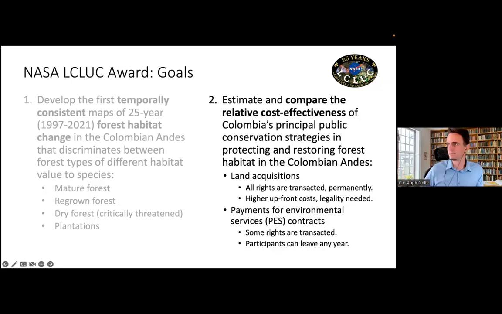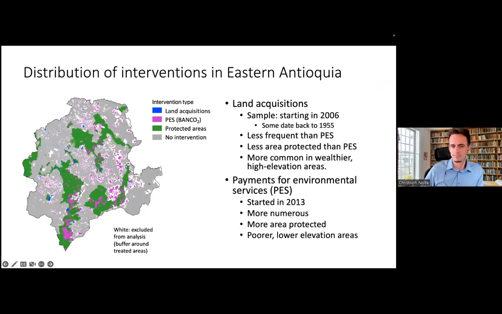Hi, everybody. Happy to join you from Medellin, Colombia. I'm going to get us started with a geographical representation of where these interventions are happening. Hopefully you can see on this map, we have our land acquisitions in blue and our payments for ecosystem services in fuchsia.